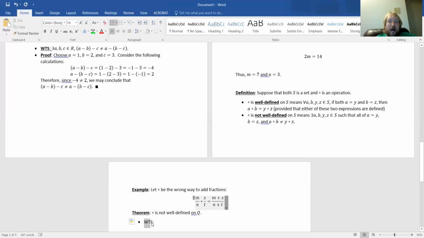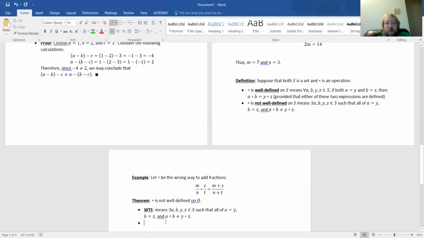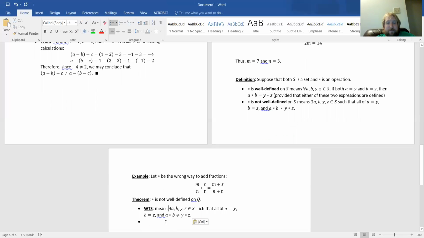We want to apply the definition of not well defined to the operation star, which is now wrong addition, on the set Q. So we want to show that there exist rational numbers A, B, Y, Z in the set Q such that all of A equals Y, B equals Z, and A star B does not equal Y star Z.